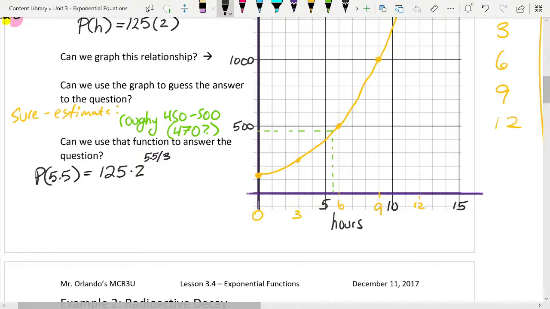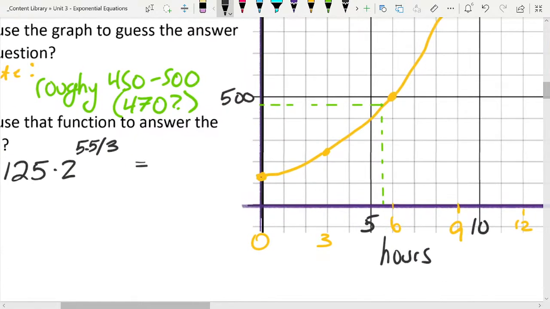By the way, if you wanted to, could we write that as a fraction that doesn't have a decimal in it? I'm going to draw this in purple to say you do not need to do this. That'd be 125 times 2 to the exponent.